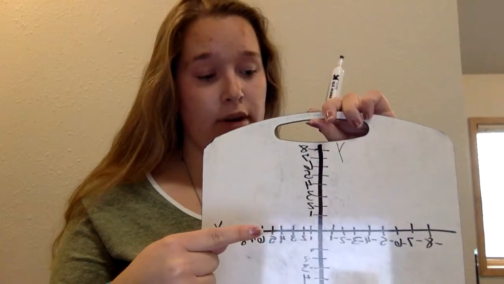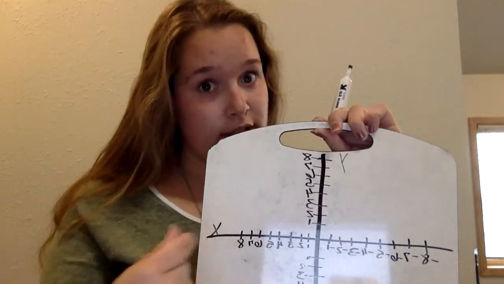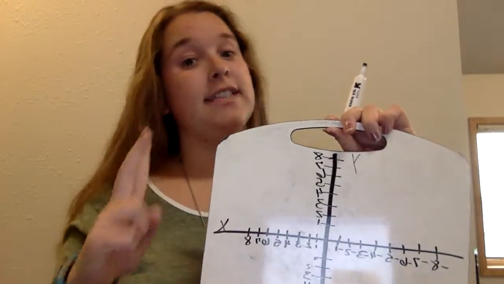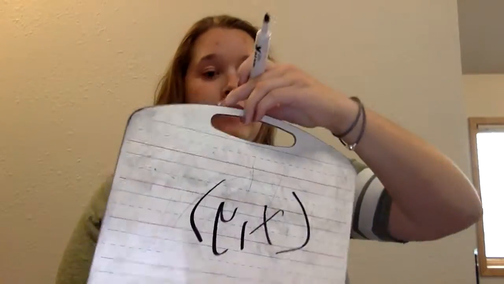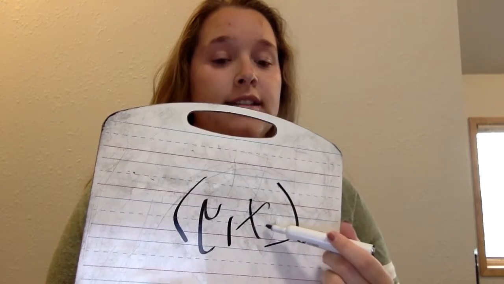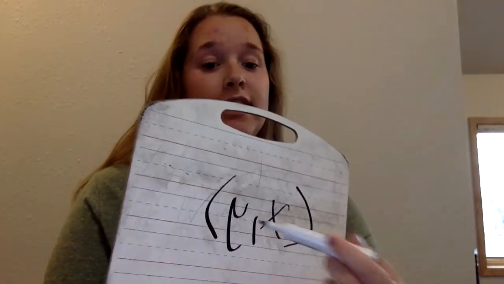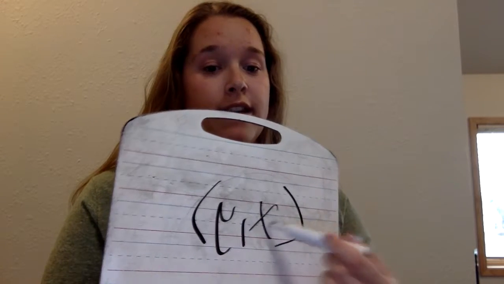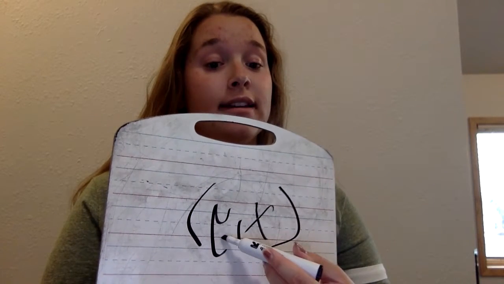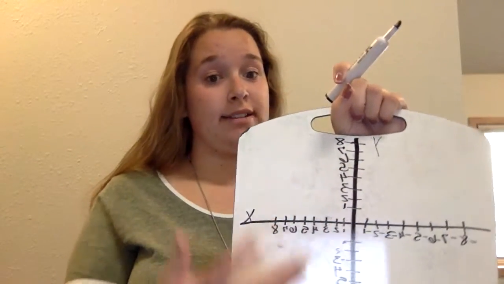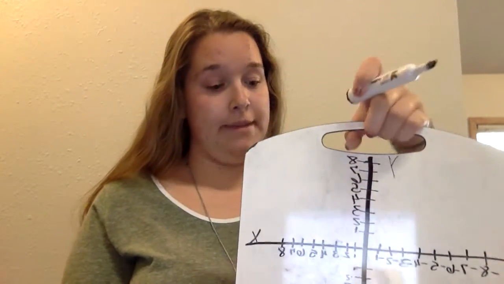This is the x, and it is always first. The y, the second number, is going to be the vertical movement because it's the second one.